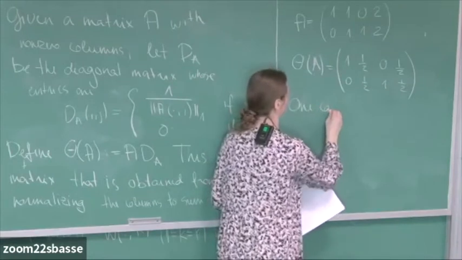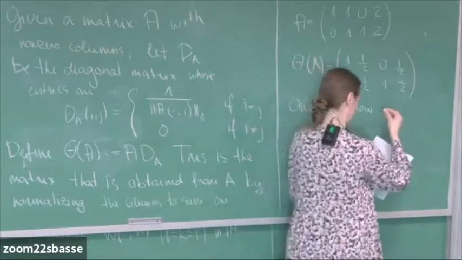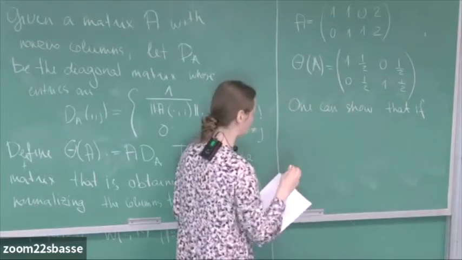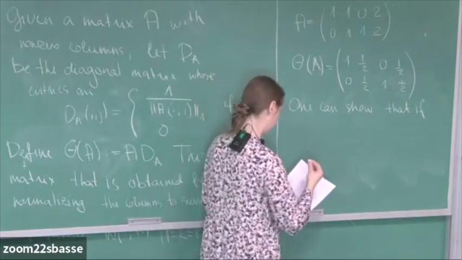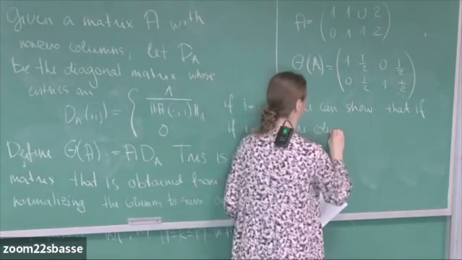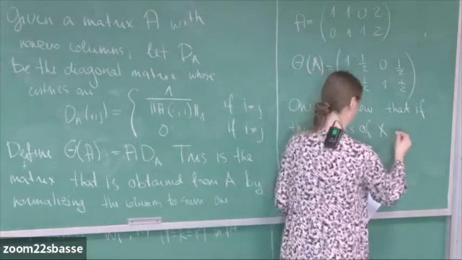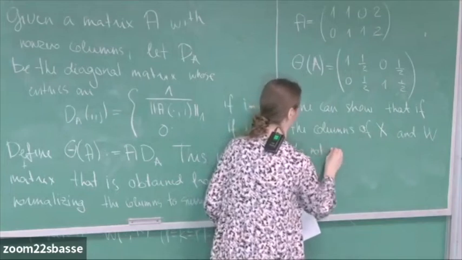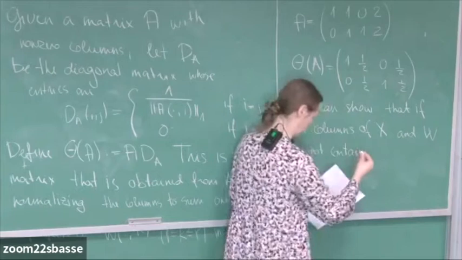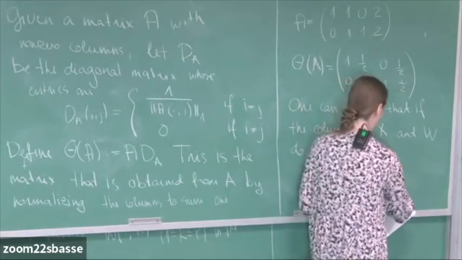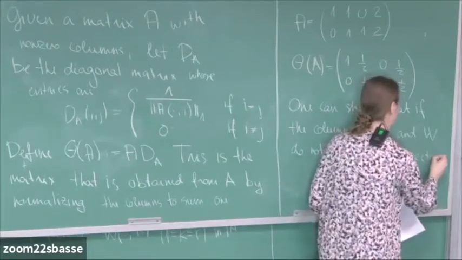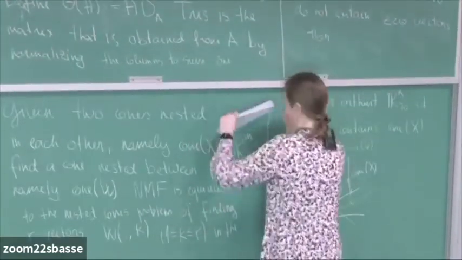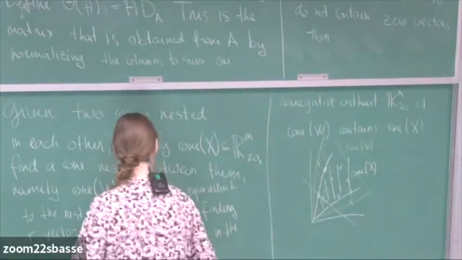One can show that if the columns of X and W don't contain any zero columns, zero vectors, I'm going to stop now at the most interesting part, but you can think what might come next.